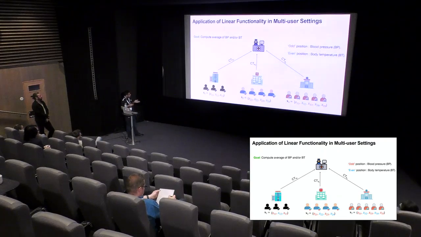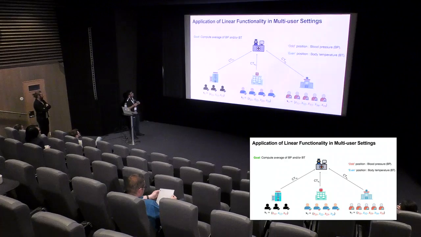Considering the efficiency of the system, we can embed both these measurements into a single vector x_i, where the odd indices represent the blood pressures and the even indices represent the body temperatures, and generate the ciphertext corresponding to this updated x_i and upload it to the cloud.